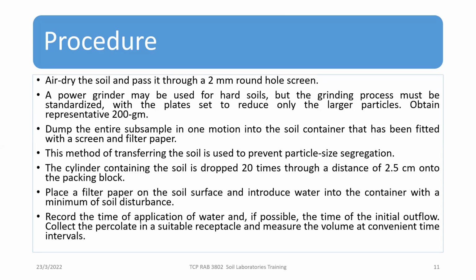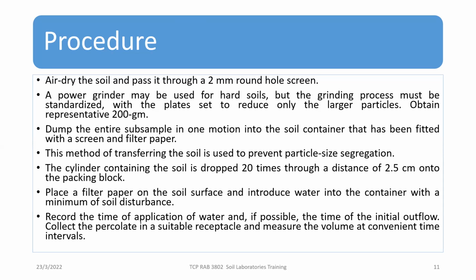You have to maintain, to some extent, as I said, the method of transferring soil that is used to prevent particle size segregation. You have to ensure to some extent that the bulk density produced by adding soil is similar to the field condition.